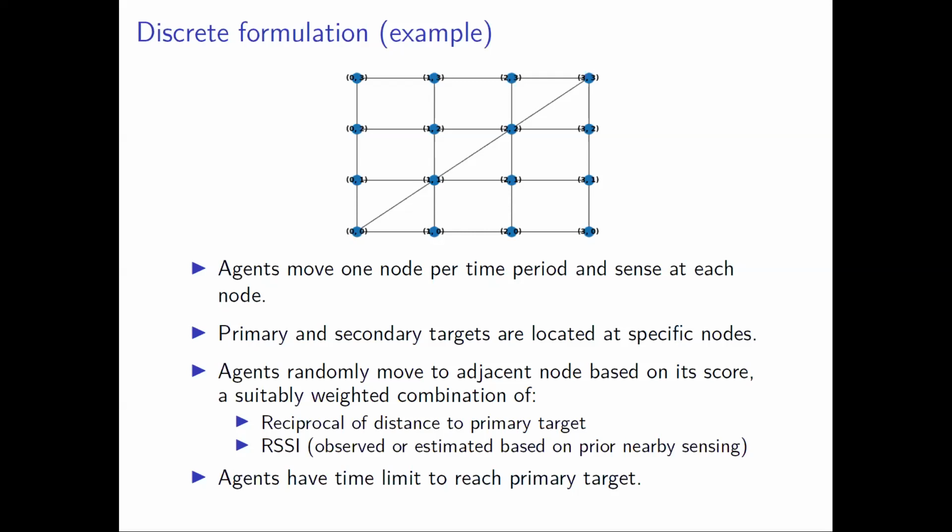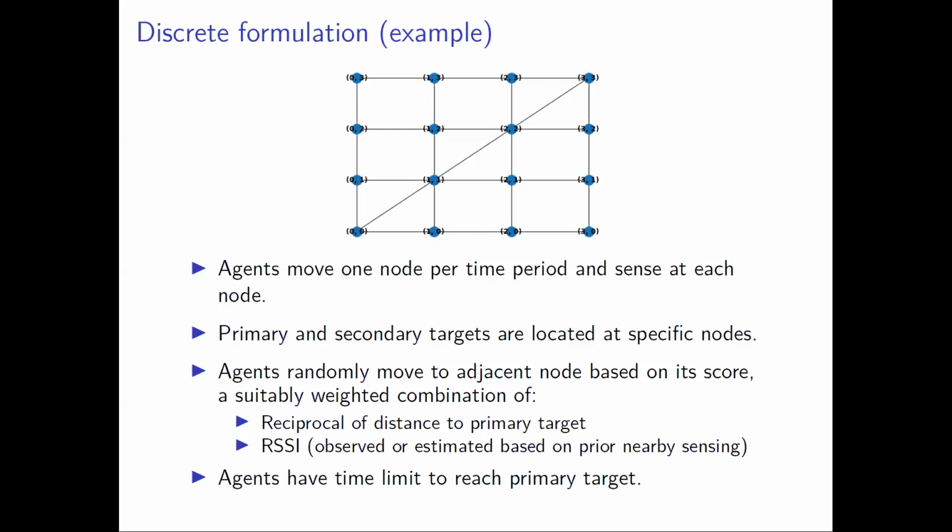And then we assign each node a score, which is essentially a weighted combination of these two pieces of information, and we can adjust the weight to persuade the agents to either spend more time looking for the secondary target or focus more on heading towards the primary target.